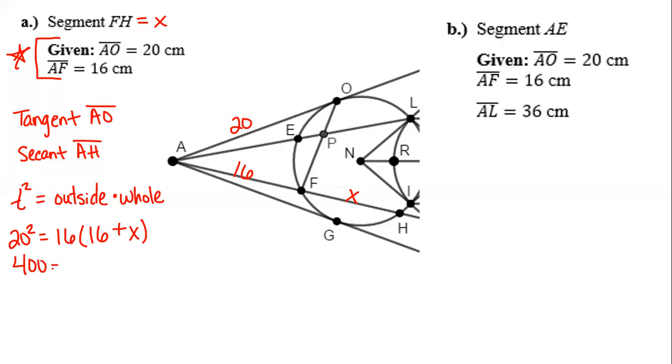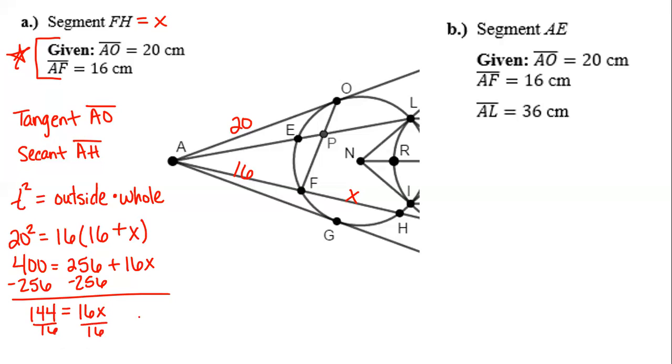So 400 equals 256 plus 16x. Inverse operation, we're going to subtract. 144 equals 16x. Divided by 16, and x equals 9 centimeters.